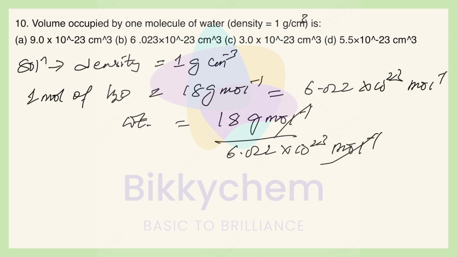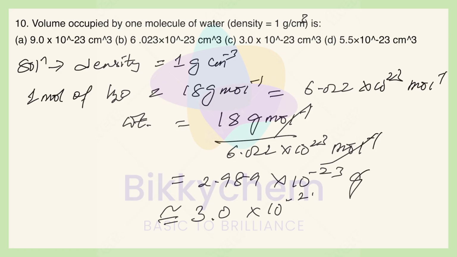So if you cancel, we get 2.989 into 10 to the power minus 23 gram. So it is almost equals to 3.0 into 10 to the power minus 23 gram.